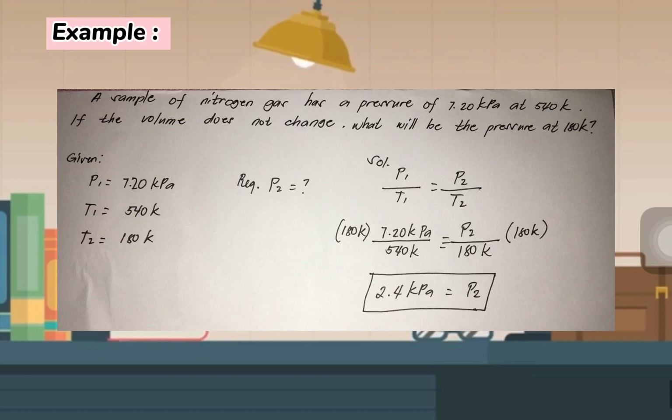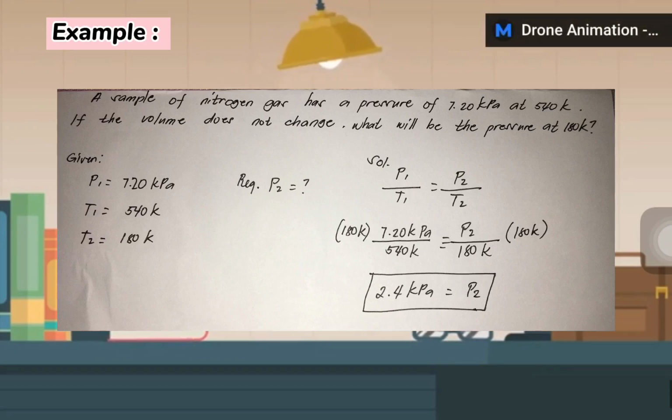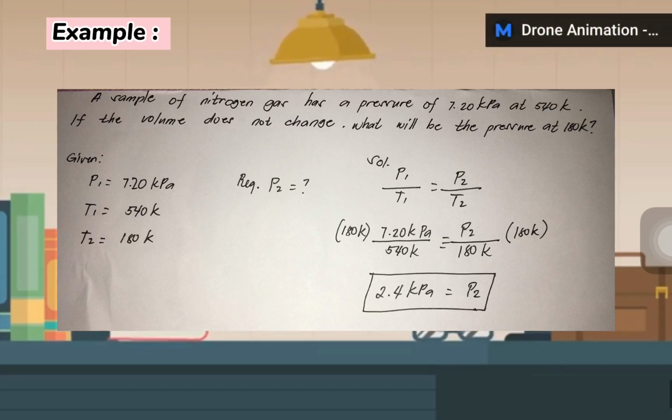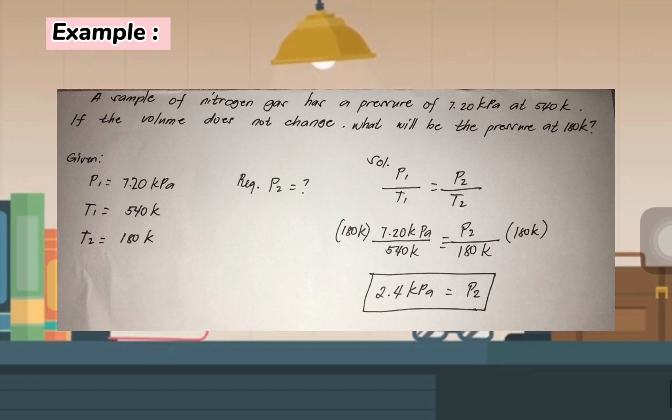So cancel out. On the other side, we will just cancel the unit. So the remaining will be 180 times 7.20 kPa divided by 540. After getting the product of 180 times 7.20 kPa, you will have to divide by 540. So the answer will be 2.4 kPa, and this will be our second pressure.